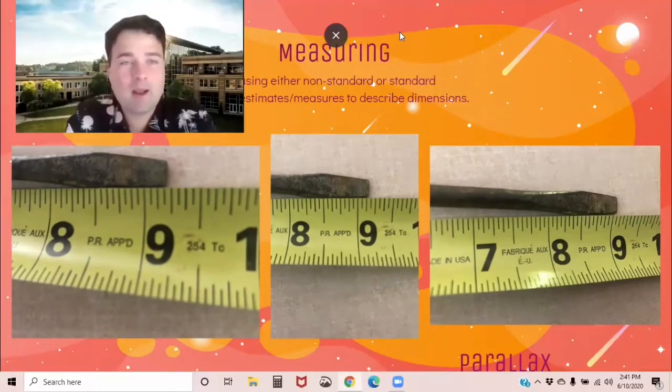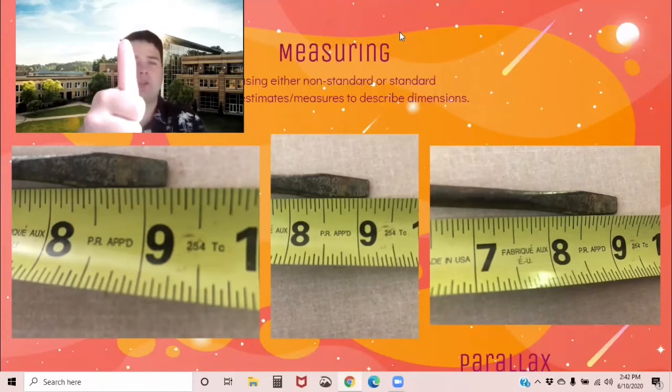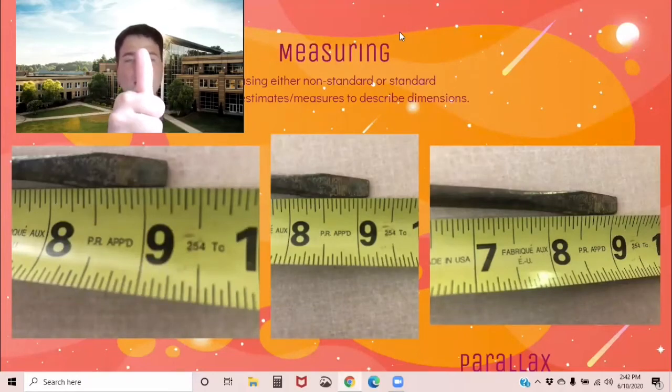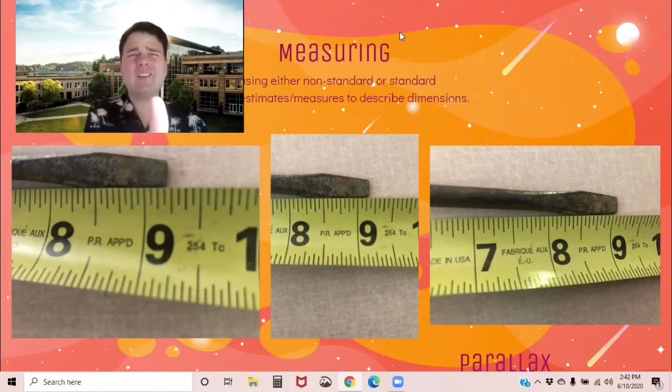And so allow me just to come back on and demonstrate here a very simple way to demonstrate parallax to students. If you put your thumb up and hold it out away from your face like this, close just one eye and look at your thumb with the eye that's open, and then switch which eye is open, and if you need to do it back and forth over and over again, go right ahead.